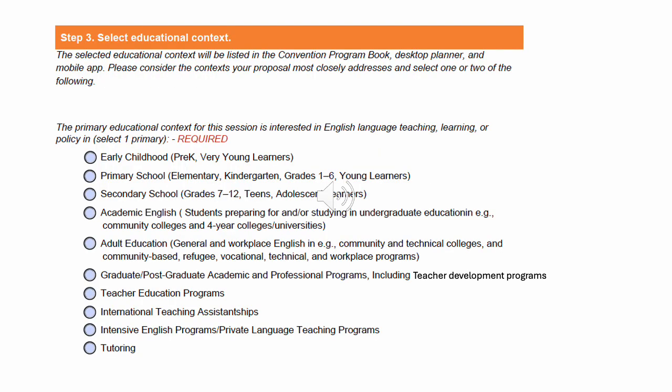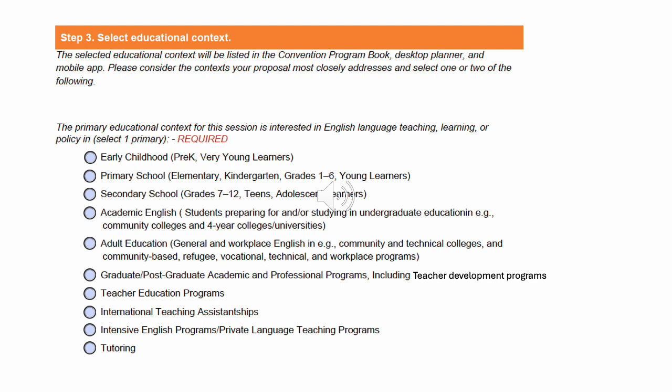The next question on the proposal form and on the fillable PDF worksheet asks you to select an educational context. You get to pick one primary, which is required, and one secondary, which is not. This can be a little bit difficult for some instructors. For example, if you're a community college instructor, do you want to pick academic English or adult education?